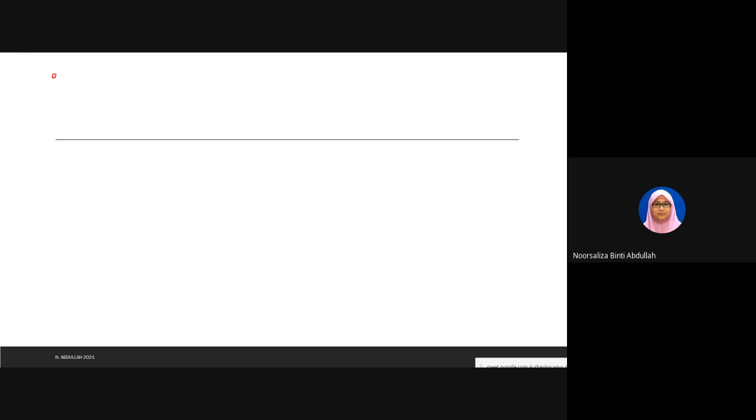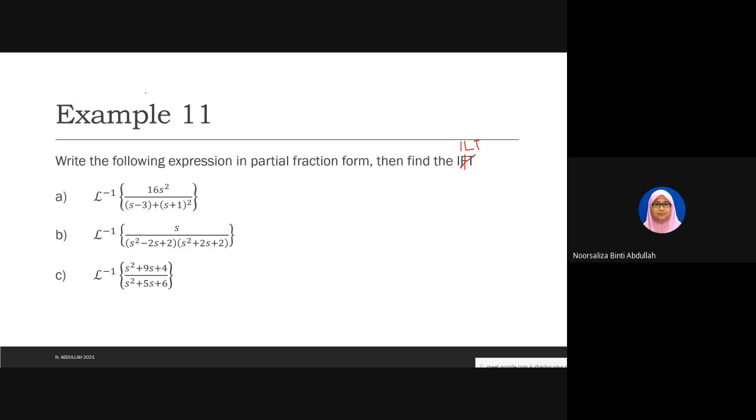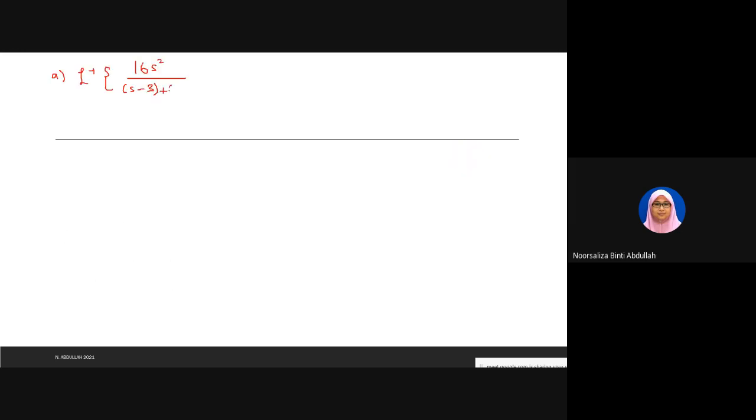So we have a A. Okay, we want to find the inverse of 16s squared over s minus 3 plus s plus 1 square.